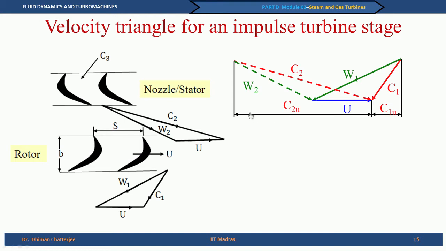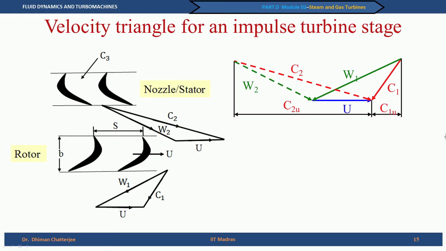Now, if you look at this graphical representation, you can see that C2u is on one side and C1u is on the other side. So, what we are essentially trying to do is find out the distance between this tip and the other one. So, we are essentially talking about the summation of the total distance C2u and C1u.